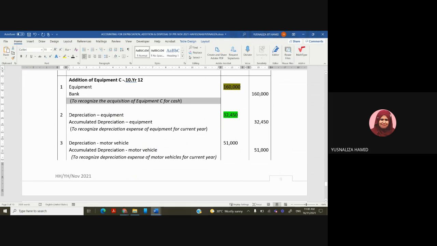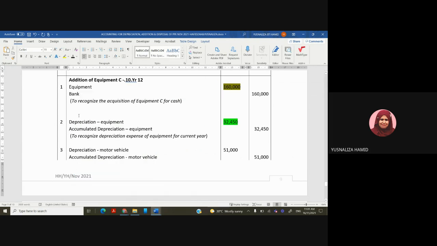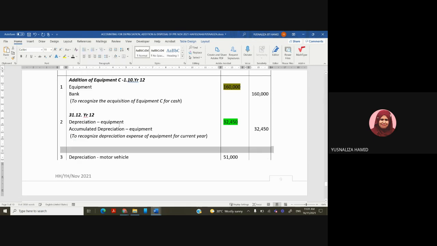And the depreciation here is the one that is done on 31st of December, year 12. So that is to recognize the depreciation on 31st of December. And this one is to record the addition of equipment. And the depreciation for motor vehicle will also be the one that was recognized or provided on 31st of December.